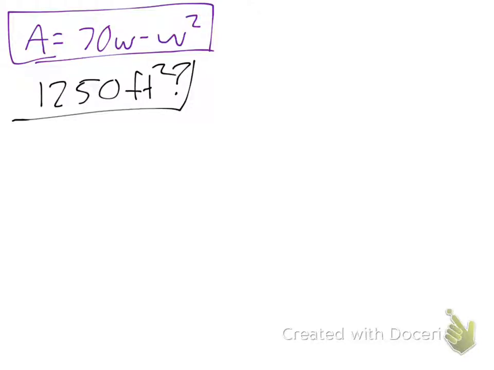And so, we just say, hey, just take that as 1,250 feet equals 70W minus W squared, and solve it. Now, isn't this kind of the same situation as last time where I have a negative W squared?